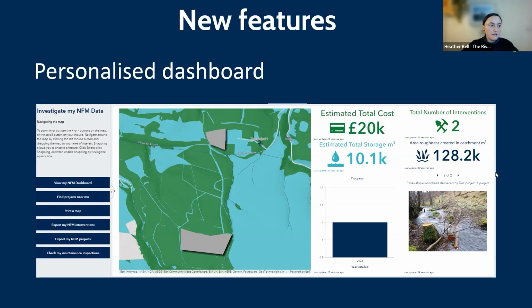You can also see that there's a photo here, so any photos that are added will pop up there. As you add more nature-based solutions over time, you'll see this chart start to populate, so that you'll see the installations over time.